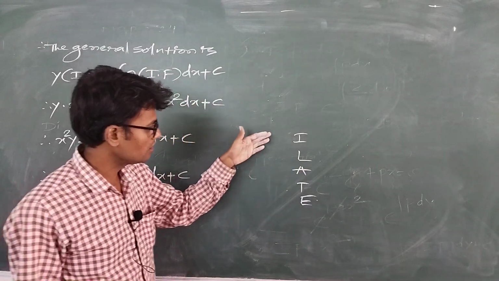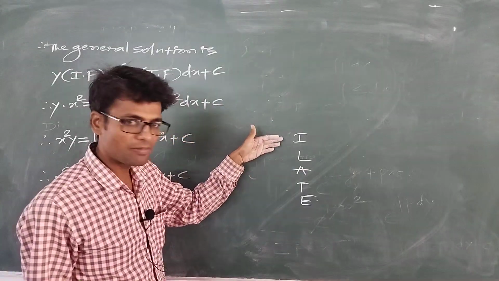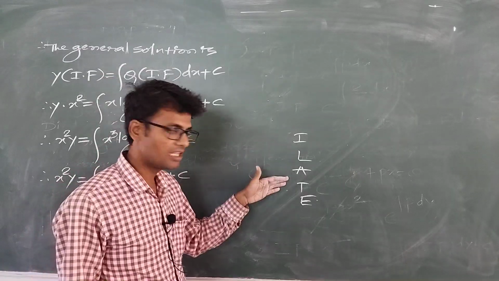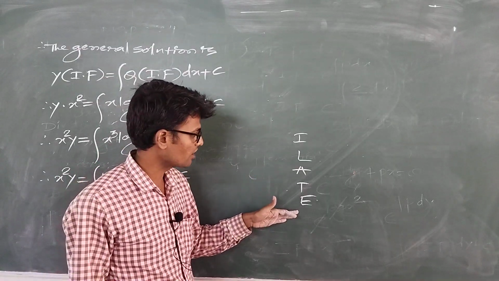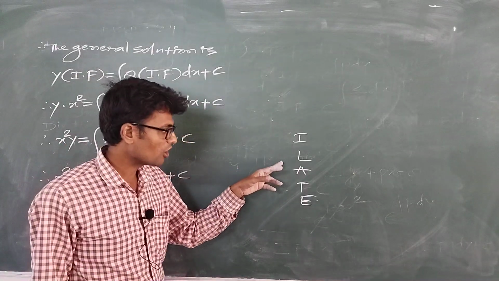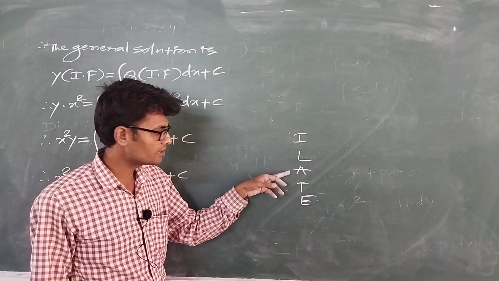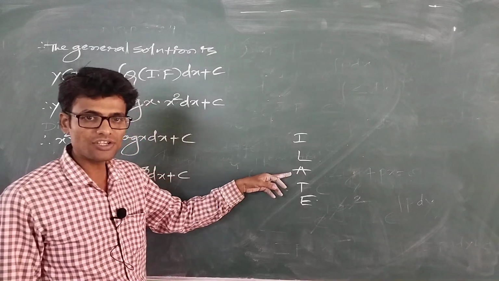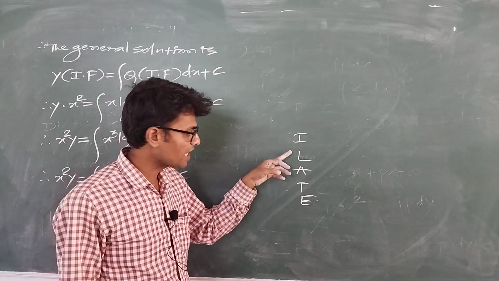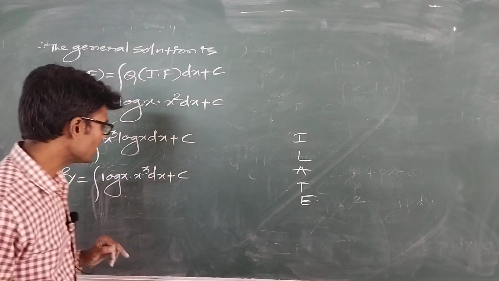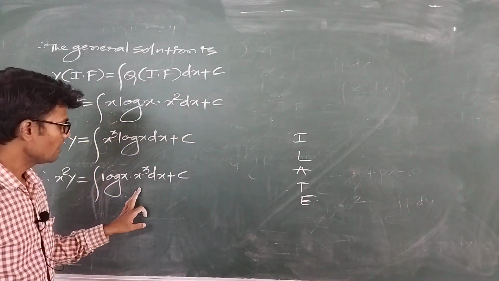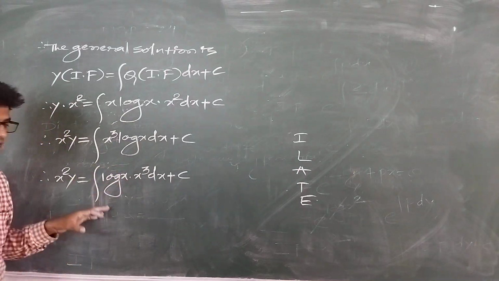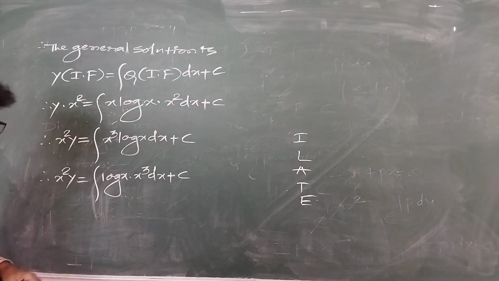ILATE means I is inverse trigonometric functions, L is logarithmic, A is algebraic, T is trigonometric, and E is exponential. When you have the integration of the product of logarithmic and algebraic, you consider logarithmic as u and algebraic as v, and for this you have to apply the integration by parts formula.